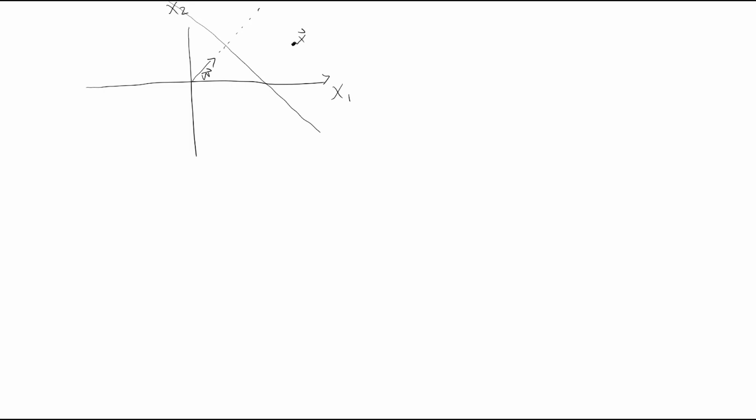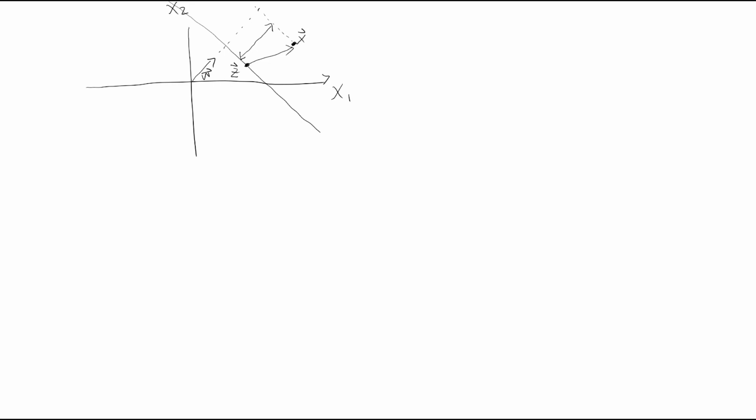We would like to find the distance to the hyperplane. So the distance to the hyperplane is basically this distance over here. And suppose that, let's just draw any point Z on the hyperplane and consider the vector going from Z to X, or X to Z, doesn't matter that much.